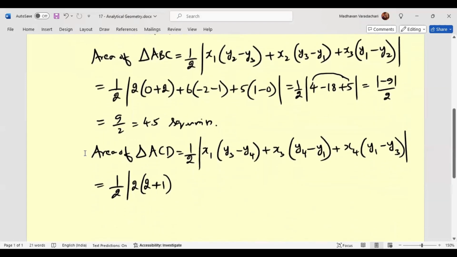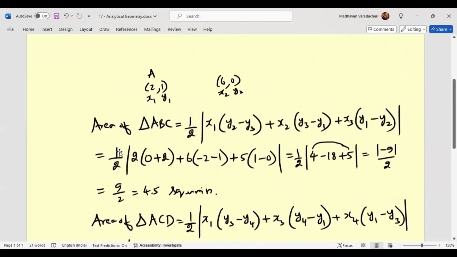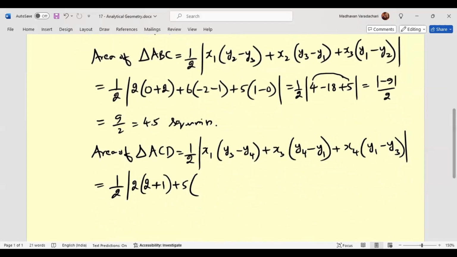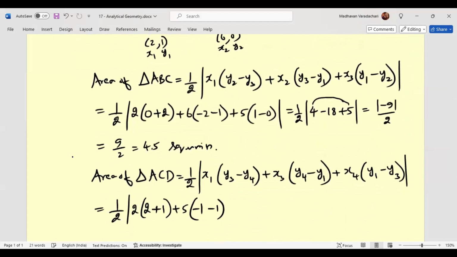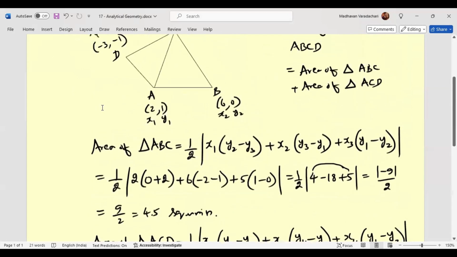x3 is 5. So plus 5 times (y4, which is -1, minus y1, which is 1). And then plus x4.